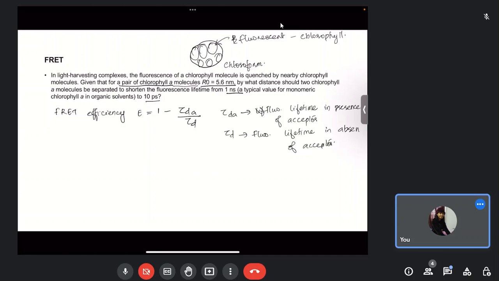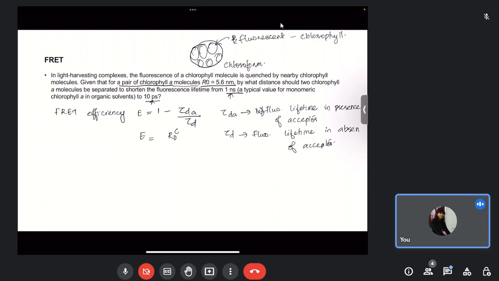Okay, and what we have to do is, once we find the FRET efficiency from these fluorescence lifetimes, we can calculate the distance between the fluorescent molecules, because we have another equation which correlates the FRET efficiency with the distance between the molecules, given the Förster distance of a pair of chlorophyll a molecules.